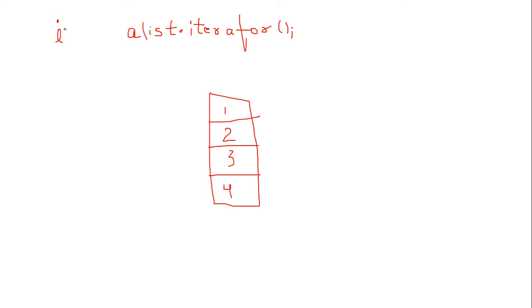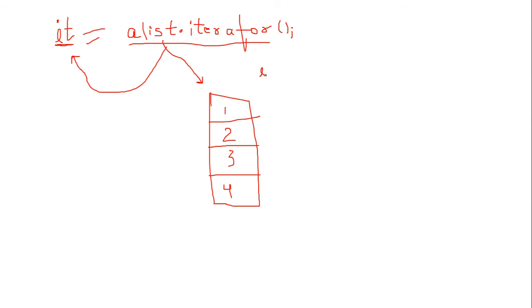Suppose it has provided us the iterator object, and suppose this is our object. This is our ArrayList, and we have called the iterator method on our ArrayList, so it will return us an iterator object. The iterator object will be like this.